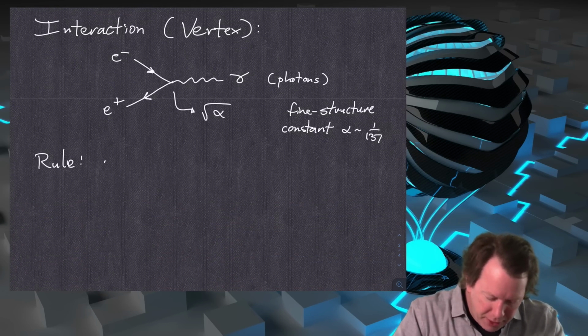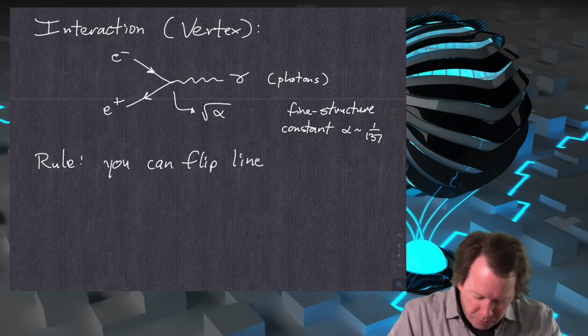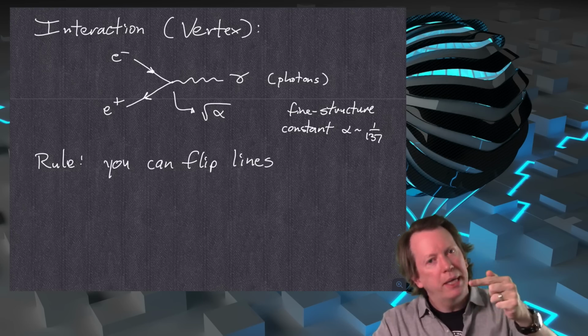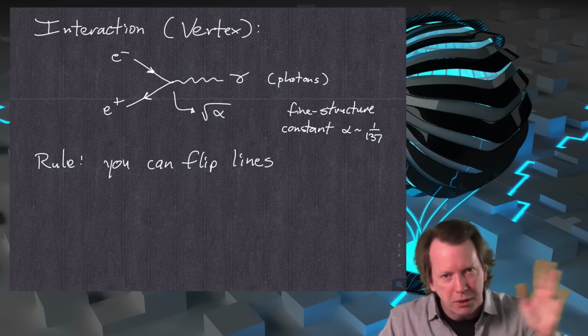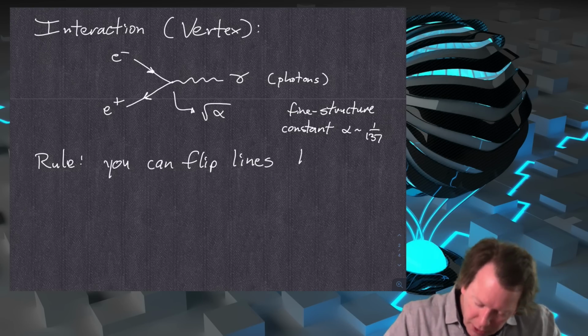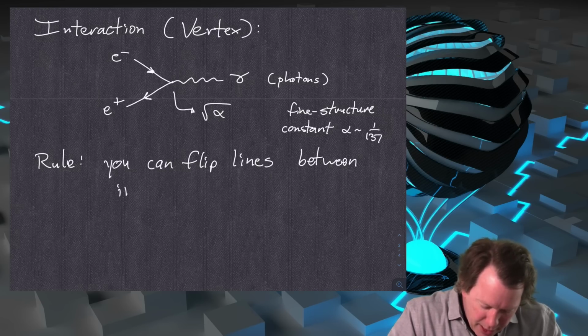The rule is you can flip lines of particles, let's say. These lines are called the propagators, but we won't get into that detail. The lines that we're drawing on the Feynman diagrams, that's all you need to know. We can flip the lines between in and out.